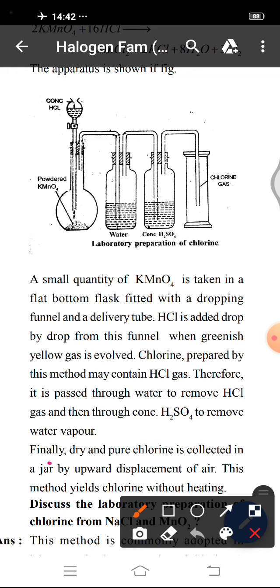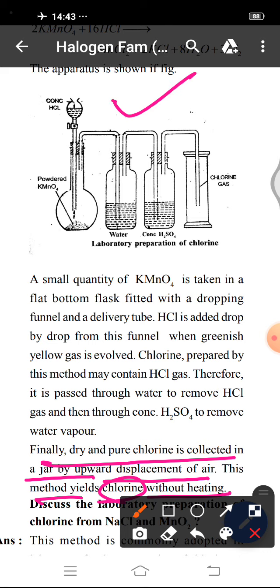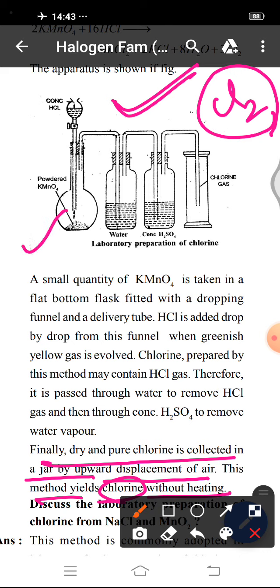Finally, dry and pure chlorine is collected in the gas jar by upward displacement of air. This method yields chlorine without heating, so it is a convenient method for preparation of chlorine. Next comes another method.